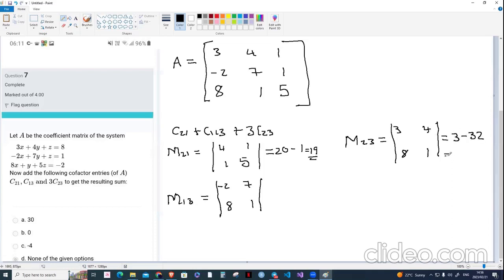This will give us minus 29. Then do the same thing here.